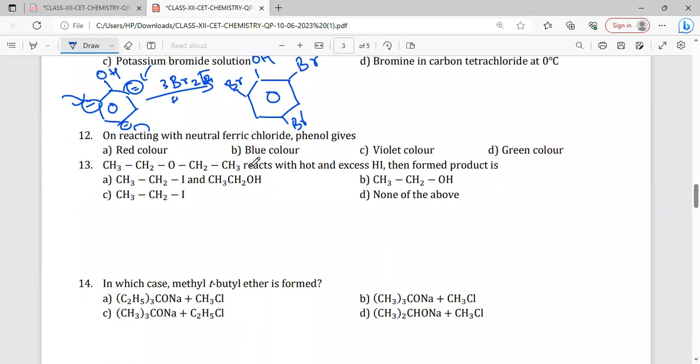On reacting with neutral ferric chloride, phenol gives, 12th question. This can serve as a test for detection of phenol.